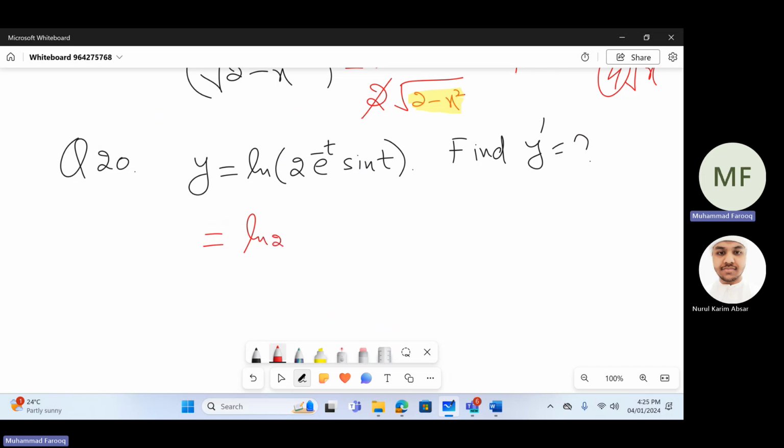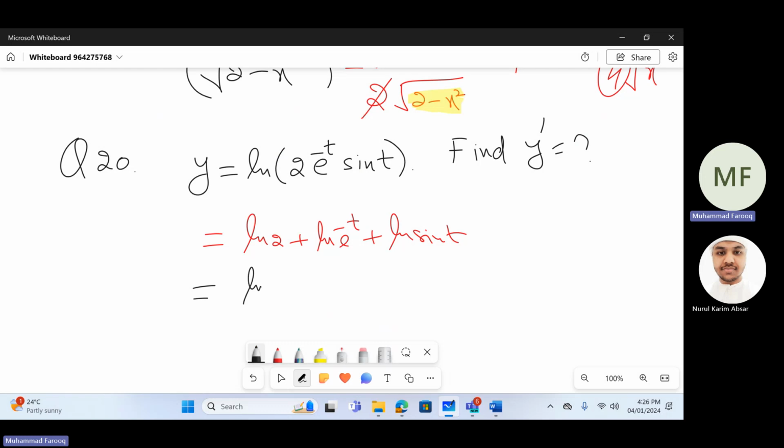So ln 2 plus ln e power minus t plus ln sine t. Can I write my question like that? Because the argument has a product, you can add. Understand, yes or no? We can do one more simplification.